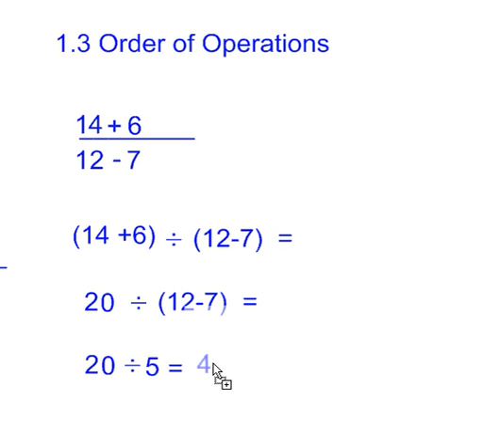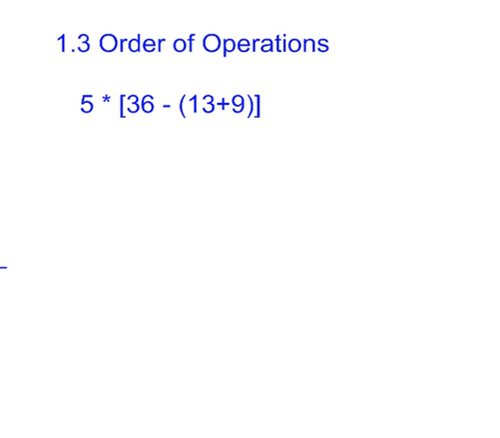Let's take a look at another problem. And in this problem, the way we read this is 5 times the group 36 minus the inside group 13 plus 9 minus 1. And we're going to use order of operations to start. Parentheses. Obviously, we have parentheses, and brackets are exactly the same as parentheses. They act exactly the same way. So don't get confused when you see brackets.